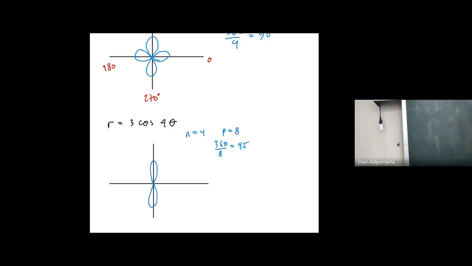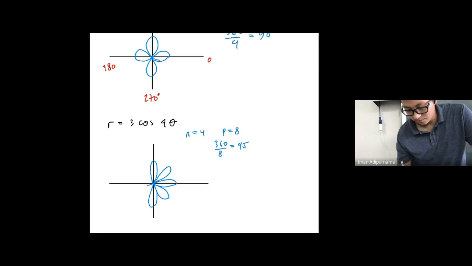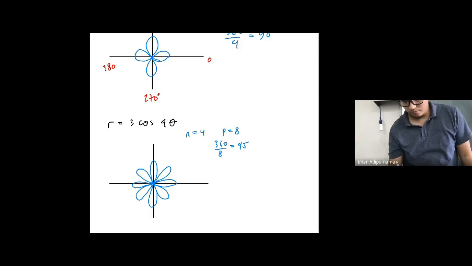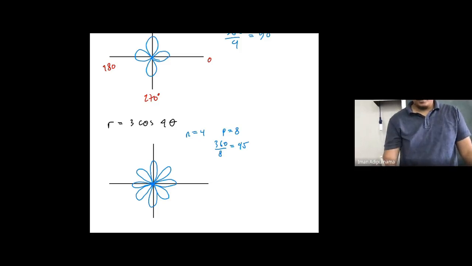From here, going 45 degrees, this is another angle, 45. So this is 90, 180. This is 45.